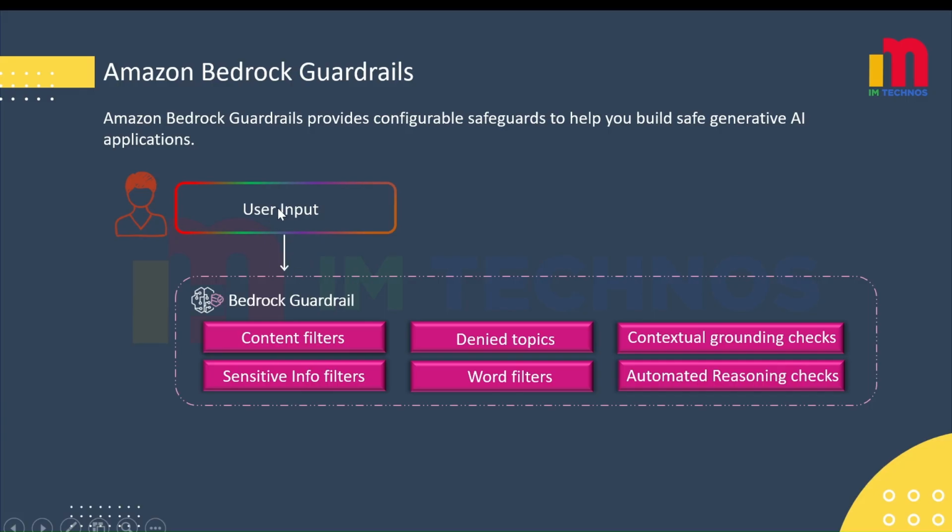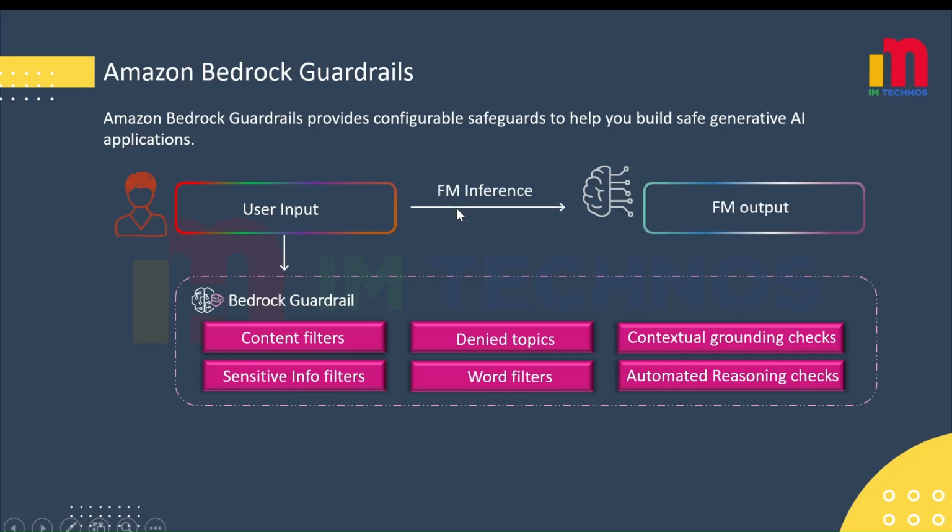However, if the input is safe, then it moves forward to FM inference, which means the foundation model generates a response. Now, after the model generates the output, the guardrail checks the response again. It evaluates, does the response contain harmful content? Does it violate business policies or include sensitive information? Does it break any structured rules?